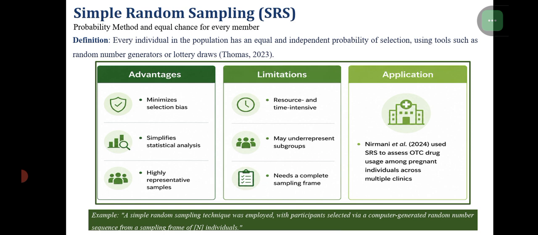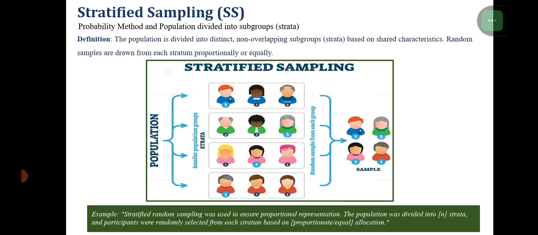So what can apply? I'll introduce you to that. Stratified sampling technique will apply. In stratified, the population is divided into distinct non-overlapping subgroups, so strata, based on shared characteristics. Random samples are drawn from each stratum proportionally or equally. So just as I have explained.